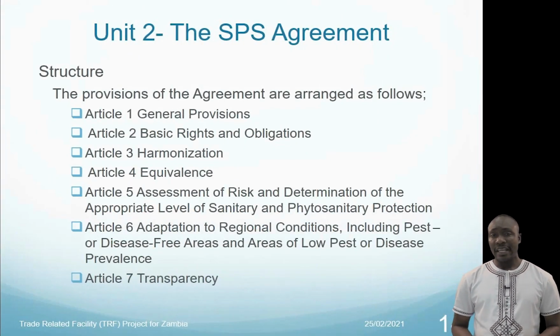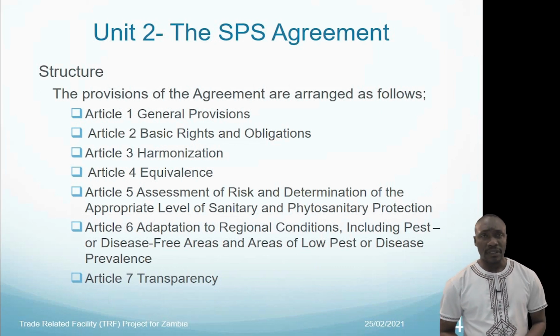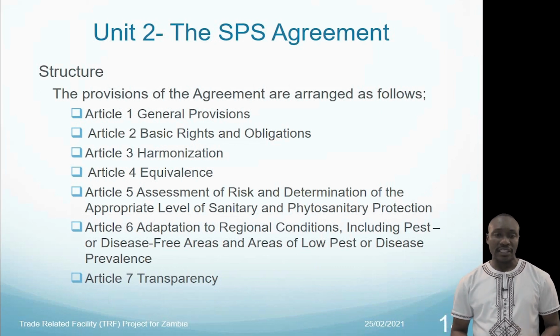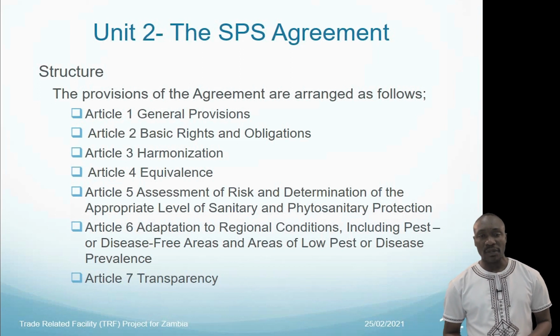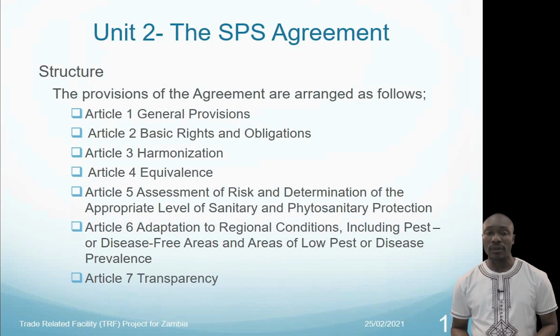The structure of the SPS agreement: you have the provisions highlighted in these articles. So I'll just give you an overview of how the structure is laid out and how these articles sit in there. Article 1, we have the general provisions of the agreement. Article 2, we'll talk about the basic rights and obligations. Third one is harmonization, equivalence. With the fourth one, assessment of risk and determination of the appropriate level of sanitary and phytosanitary protection.